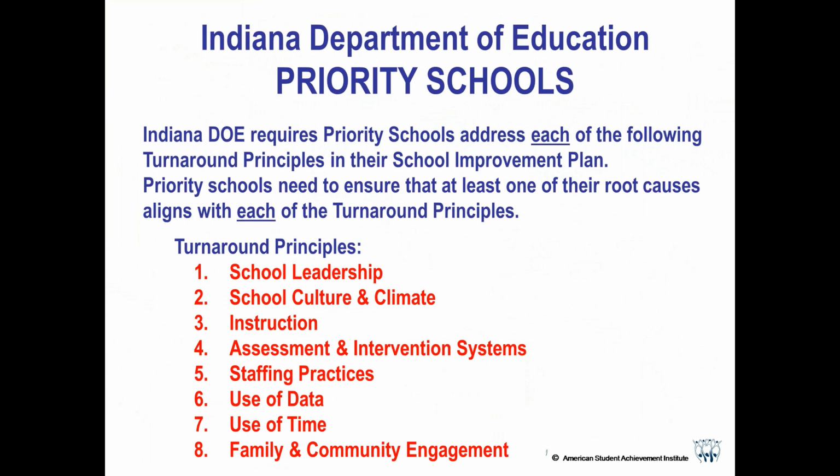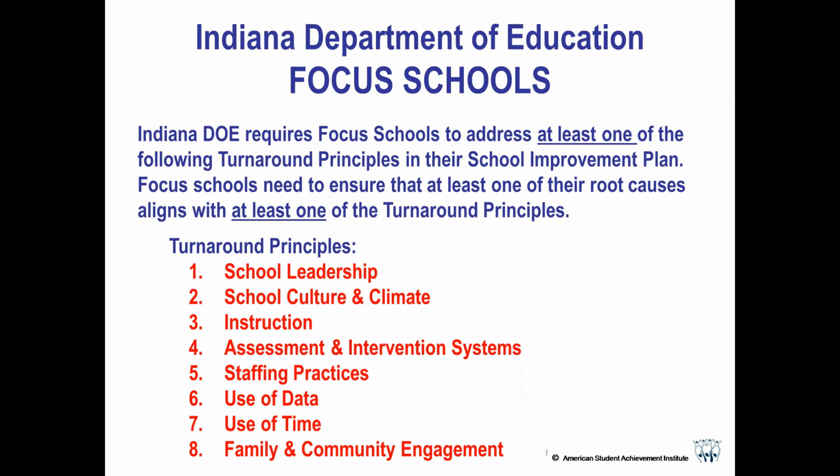If you're concerned that teachers aren't using classroom assessments to inform their instruction decisions, that would relate to turnaround principle number 4. So we need to make sure that at least one of your root causes aligns with each of those 8 turnaround principles, and if there's a turnaround principle missing, then you need to add a root cause. And again, this is only for priority schools.